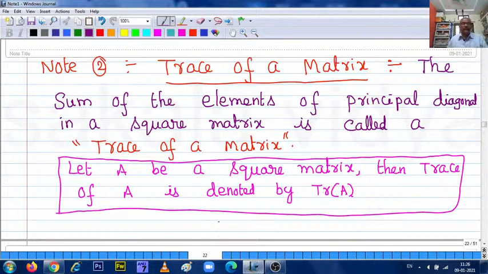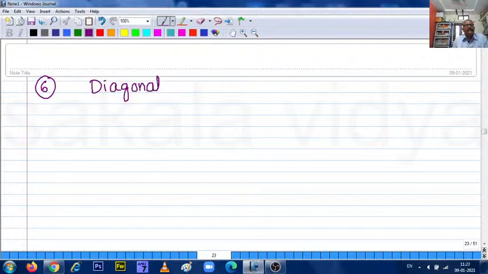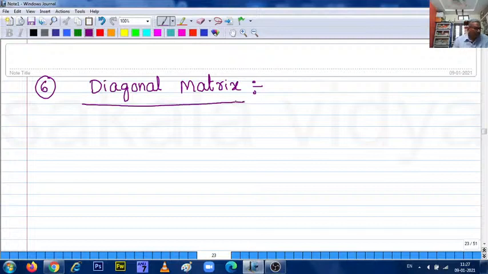Now the next type we need to discuss. The next one is sixth, diagonal matrix. What is meant by a diagonal matrix?